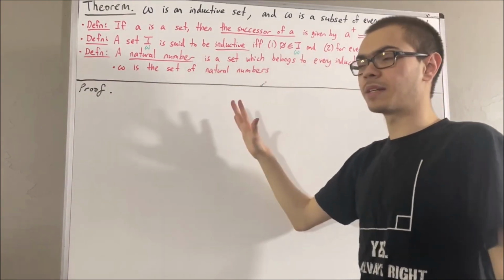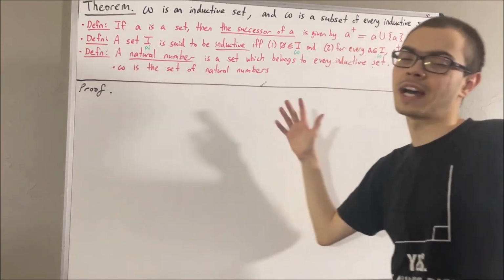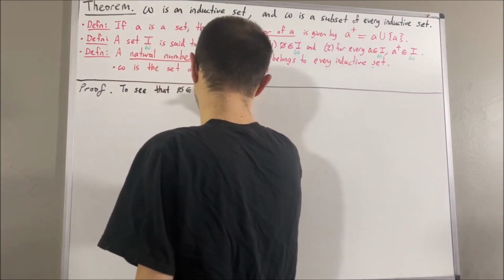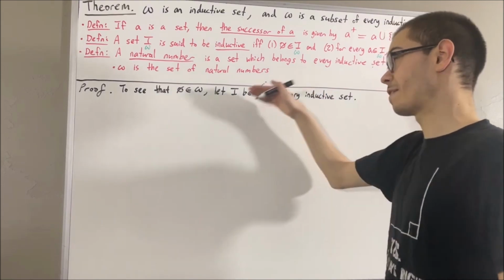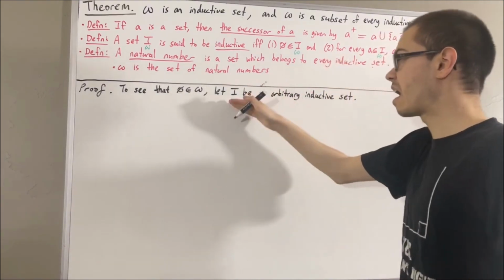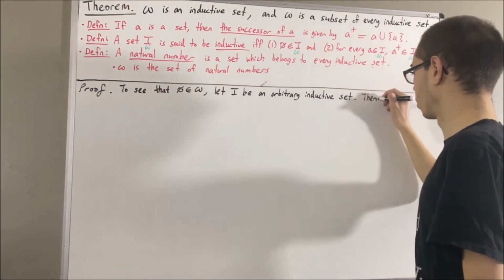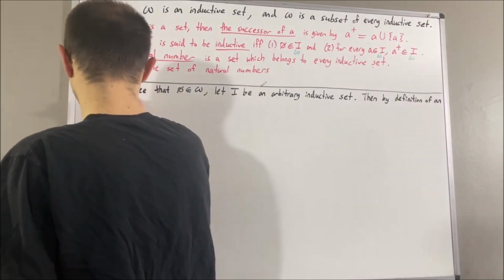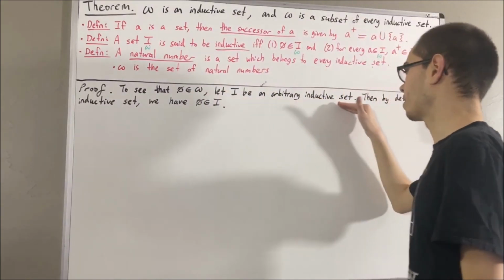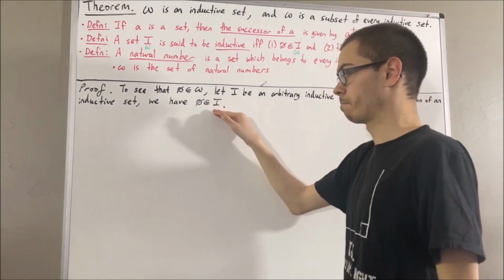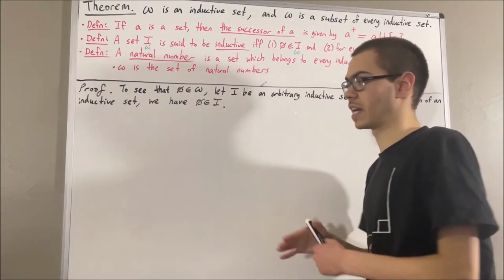So to prove that the empty set belongs to every inductive set, let's give ourselves an arbitrary inductive set. I'll call it I. Well then, by definition of an inductive set, since I is an inductive set, this means the empty set belongs to I. So what we've shown here is, if I is an arbitrary inductive set, then the empty set belongs to I. Since I was arbitrary, this shows that the empty set belongs to every inductive set.